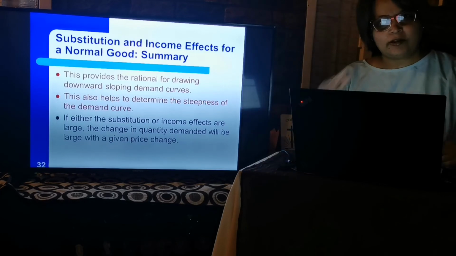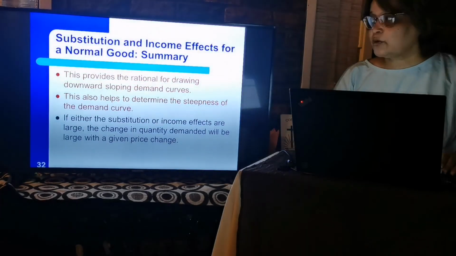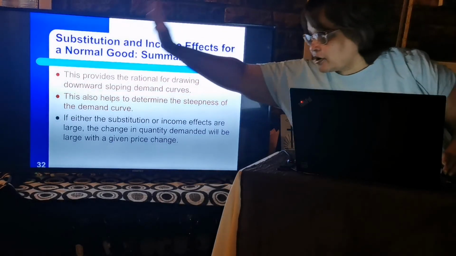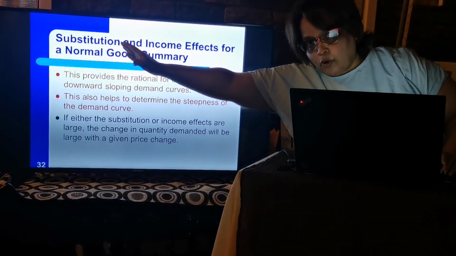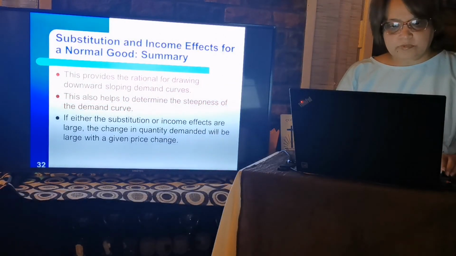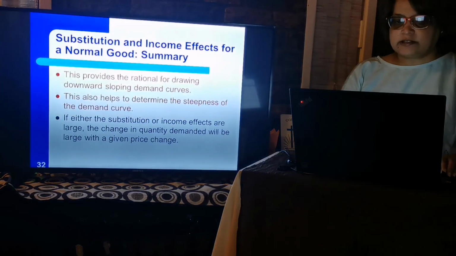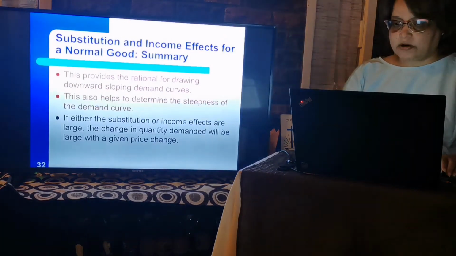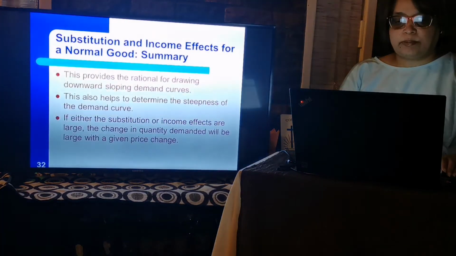That's why the slope will be downward, from the top left corner to the bottom right corner. If either substitution or income effects are large, the change in quantity demanded will be large with a given price change.